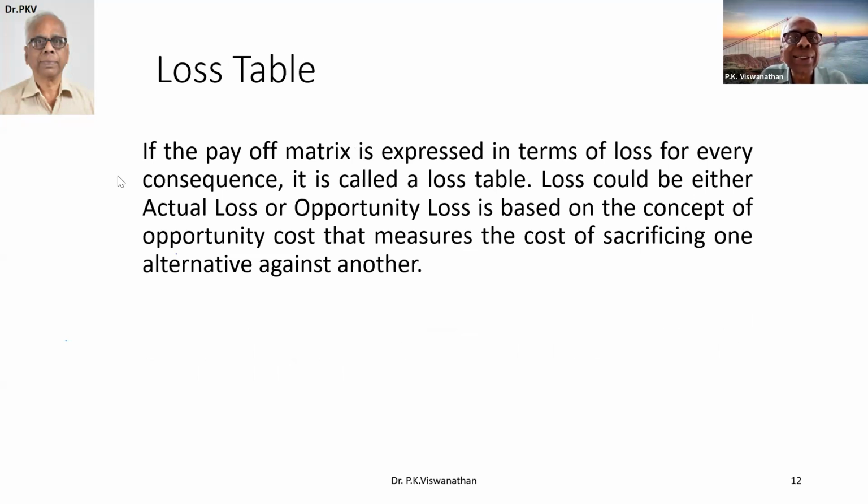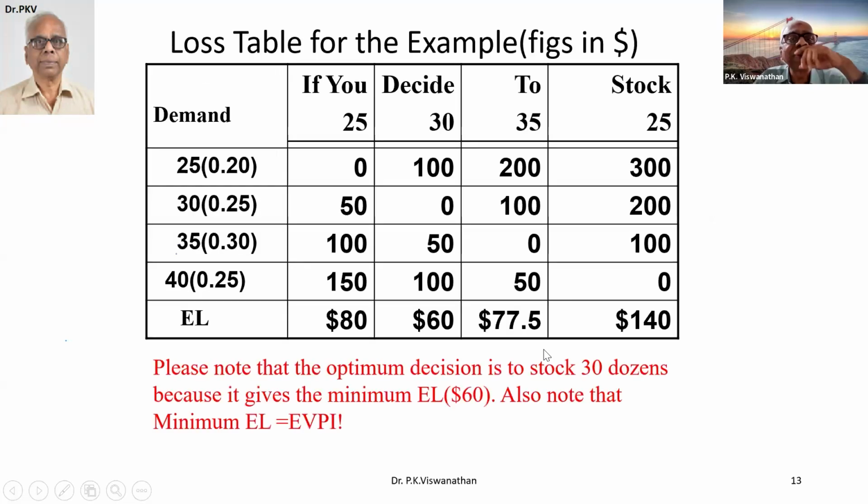Either the loss is actual loss or the opportunity loss based on the concept of opportunity cost. In other words, the cost of sacrificing one alternative against another is the opportunity cost. The loss is financial loss. So in this case, if you understock, it's the opportunity loss.